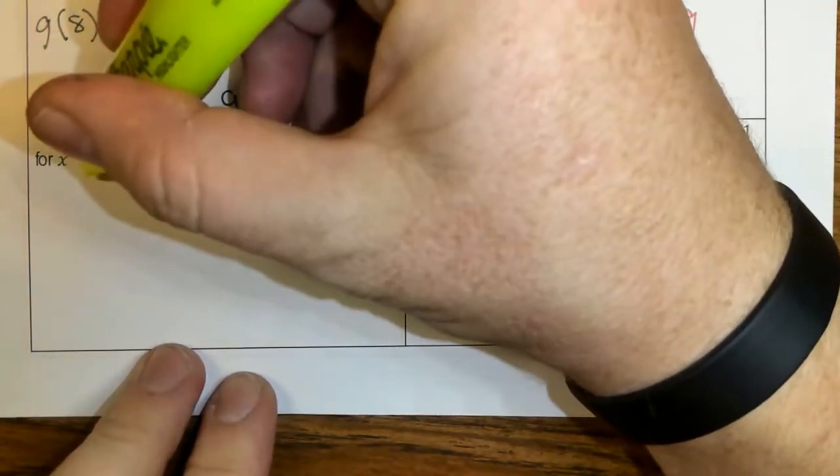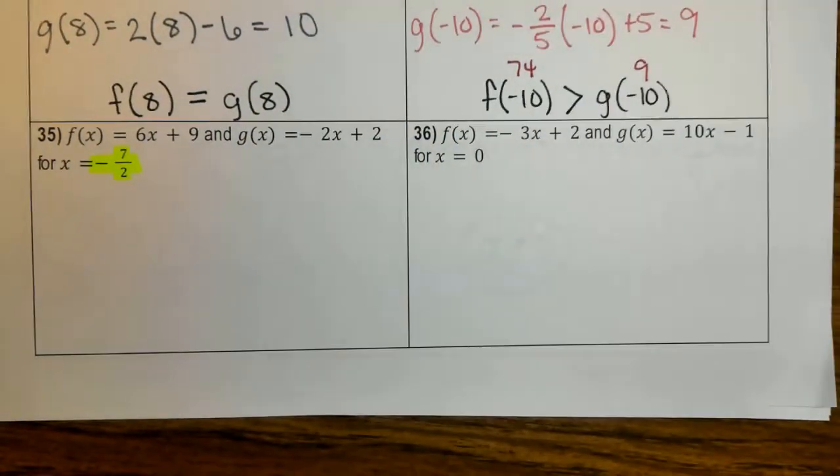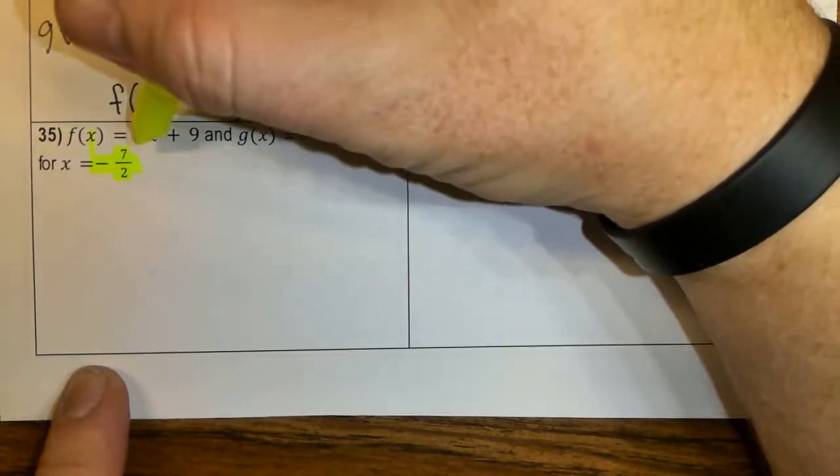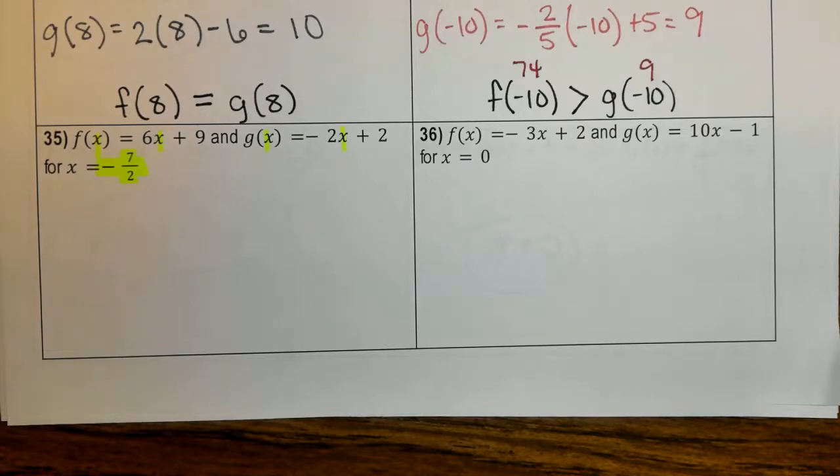35. So x equals -7 over 2, so I want to replace all of my x's right here with -7 over 2.